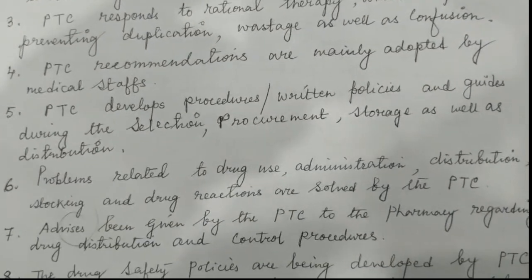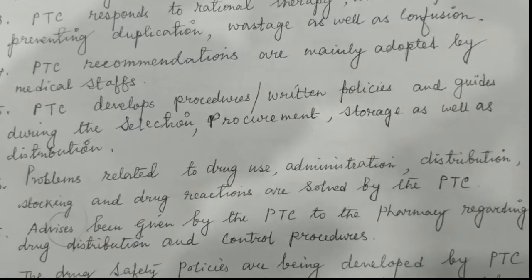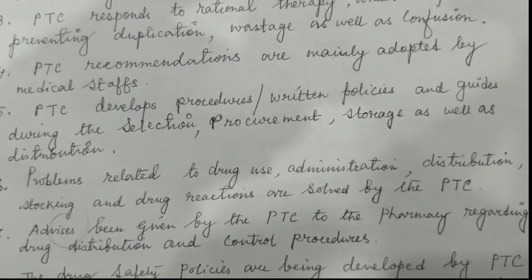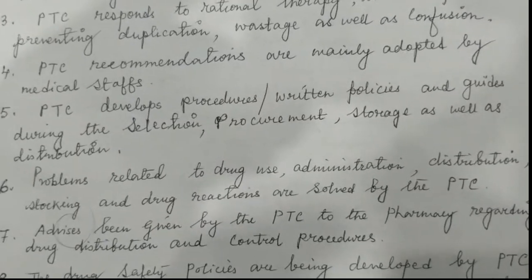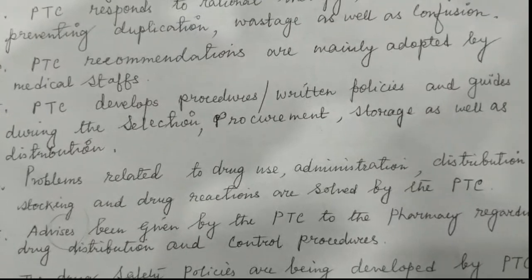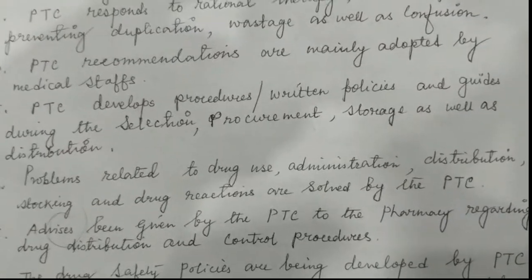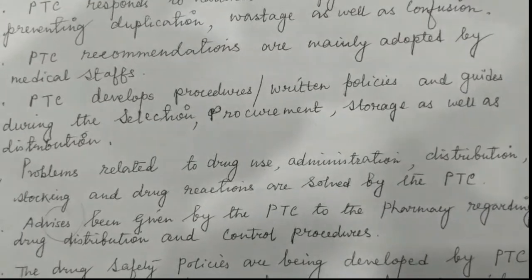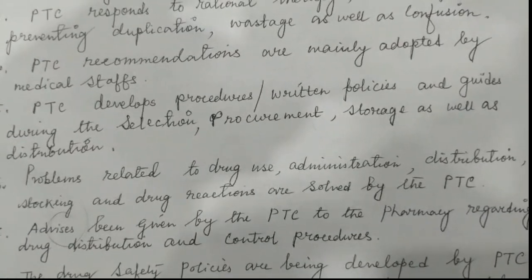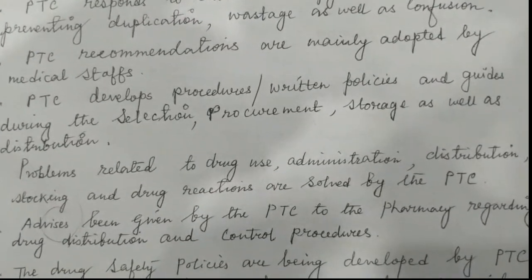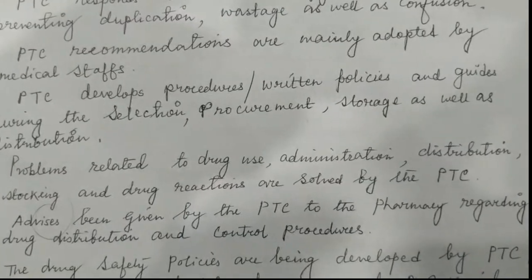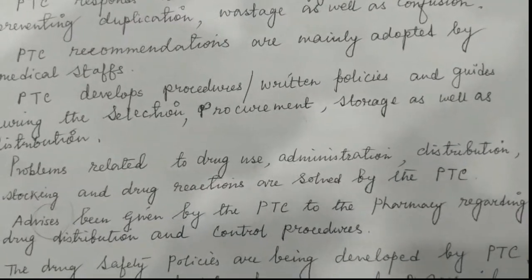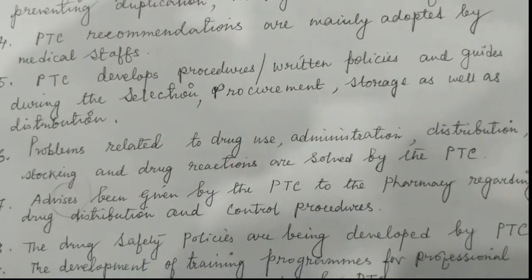Number 6 is problems related to drug use, administration, distribution, stocking, and drug reactions are solved by PTC. So if any problem occurs during the administration and distribution, in case of stocking or any adverse drug reaction or any drug action happens, these are solved by PTC.